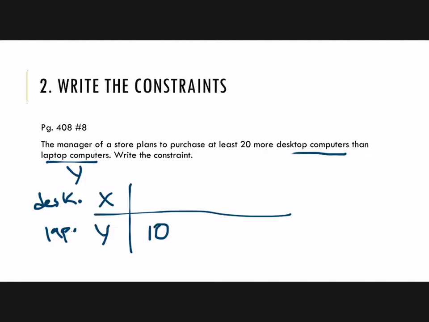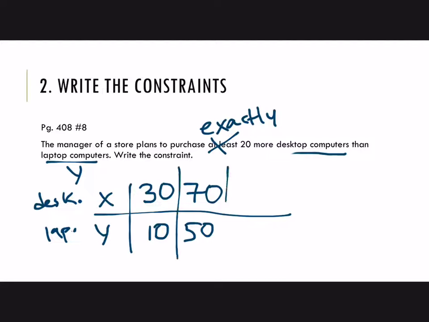Now, temporarily, let's just pretend that this was exactly 20 more than, and this is going to help us decide which one of these numbers gets the plus 20. So 20 more desktop computers, then that would mean if there are 10 laptops, there are 30 desktops. If there are 50 laptops purchased, then there would be 70 desktops purchased.